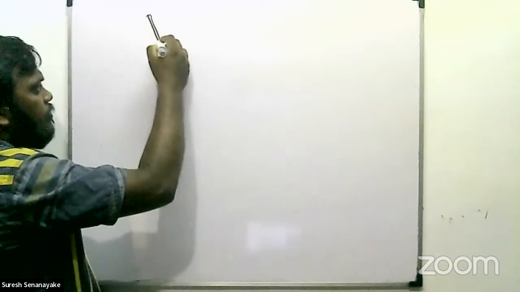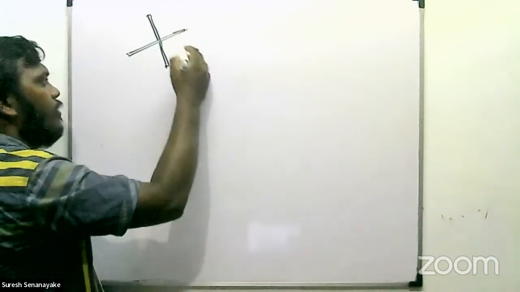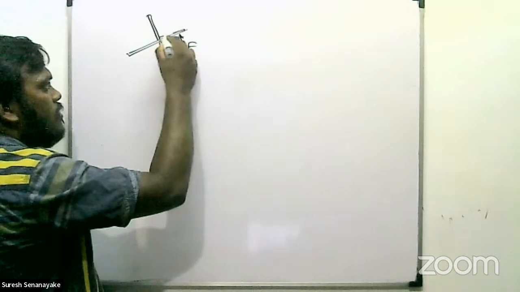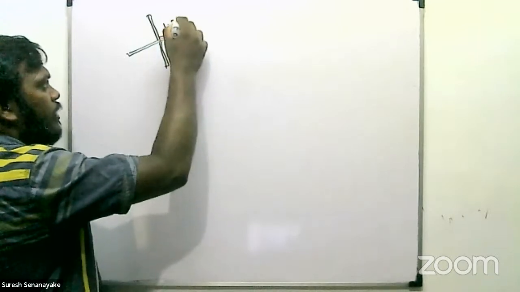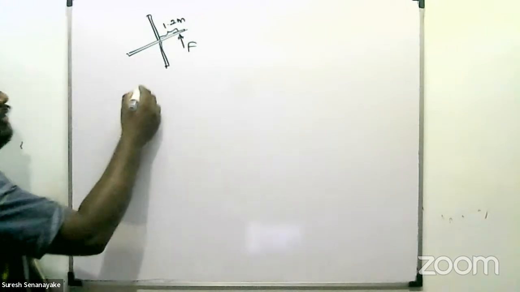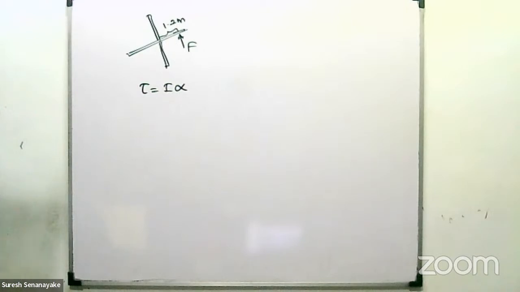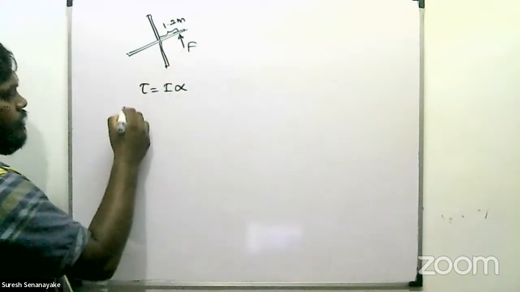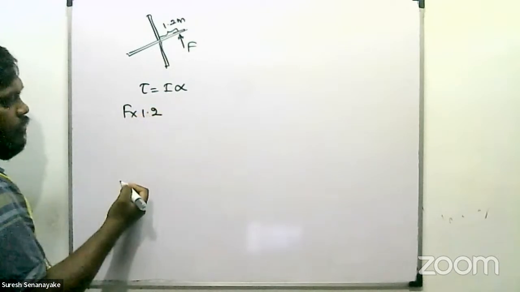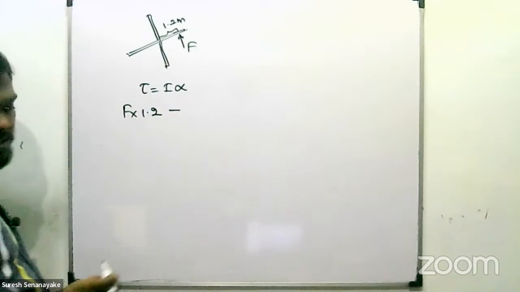In this system, the force F is applied at 1.2 meters. Then you can write the equation tau equals I alpha. The torque is the force perpendicular multiplied by the distance, that's 1.2. And don't forget to subtract the frictional torque.